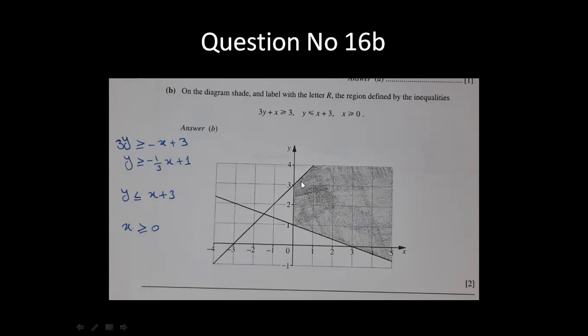So the area below this is shaded. And this line is vertical and it says x is greater than 0. So you have to remain on the right side of this line. So this is the area which is being bound by these three inequalities.